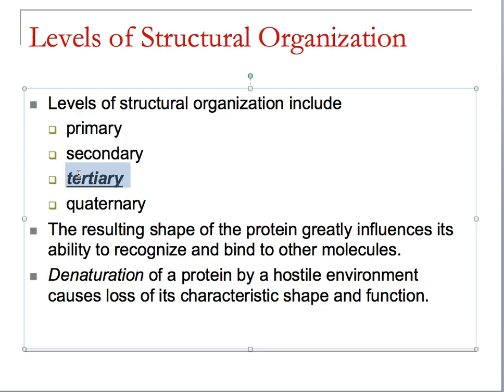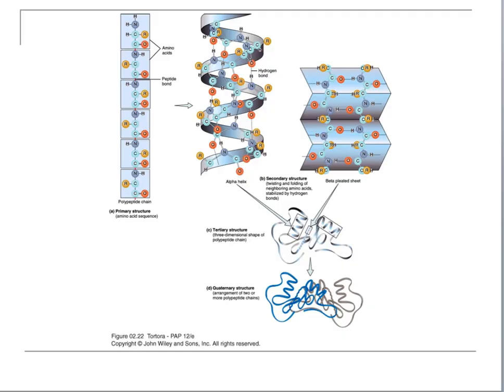We need to understand what tertiary shape is, okay? And that means we actually have to build a primary, secondary, and tertiary structure. And this is the primary strand of amino acids you see here. We'll go over this in class, maybe not much more detail, but each of these amino acids has a specific interaction with all of the other ones around it, which will give us possible shapes.